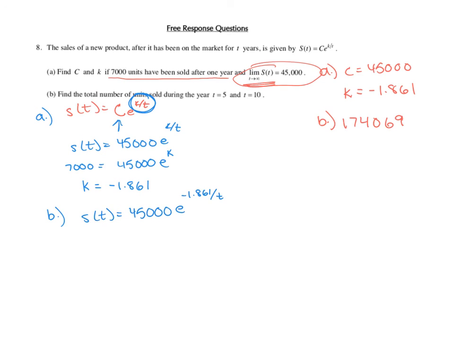So these are the sales. If I want to find the total number of sales, that's just going to mean we're looking for an integral. So I want the integral from 5 to 10 of S of t. And this is something that our calculator can do for us.